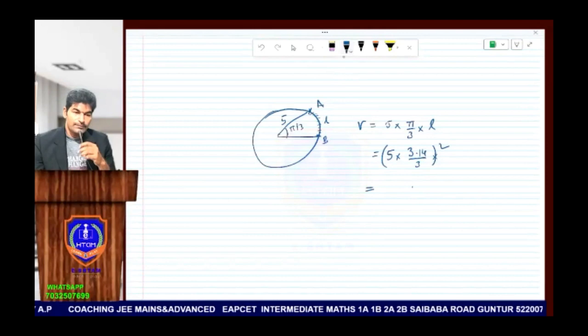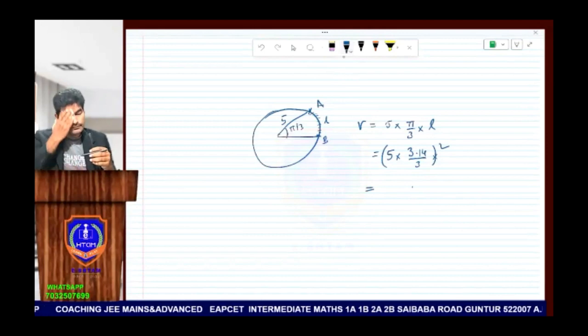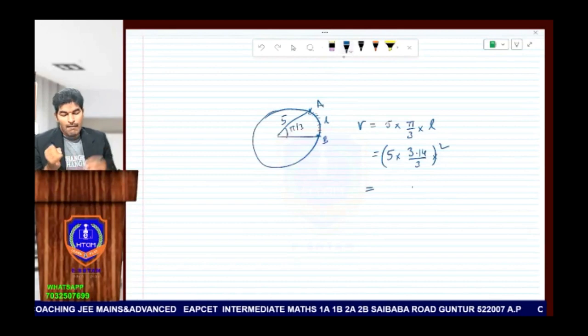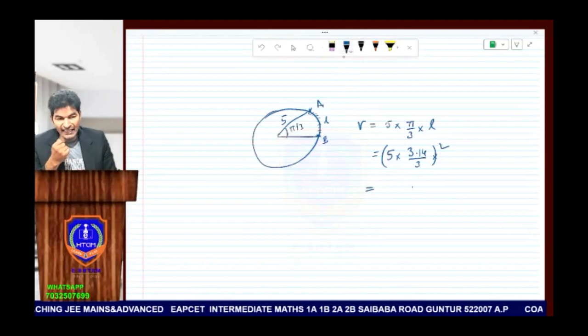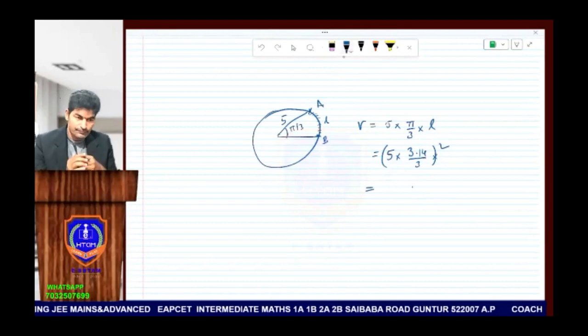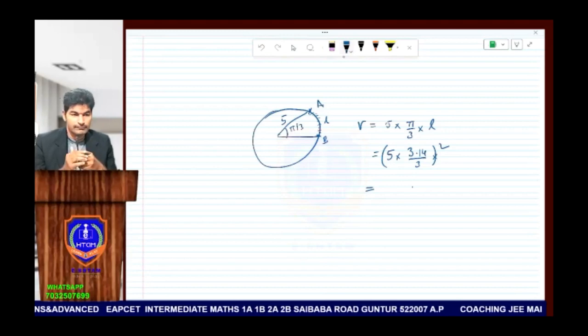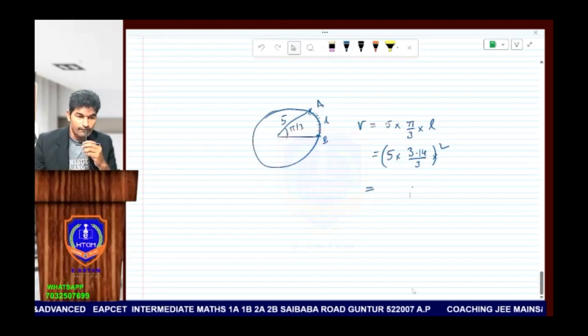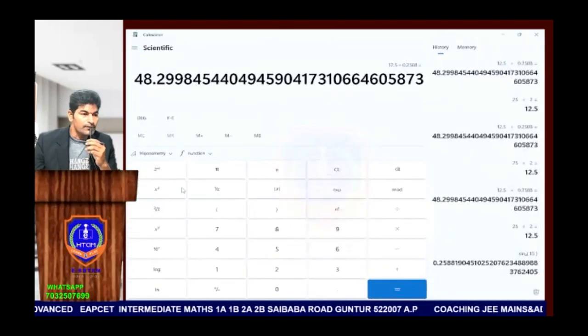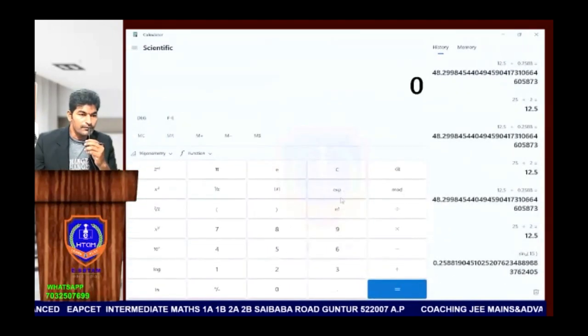How much is that? It's 25 into 0.69. 17.44. So first you have to calculate 5 into 3.14.